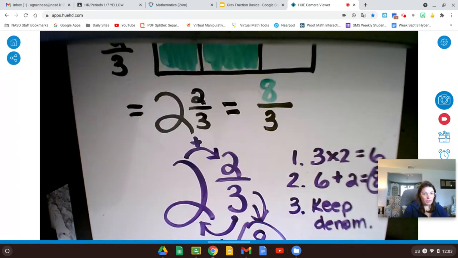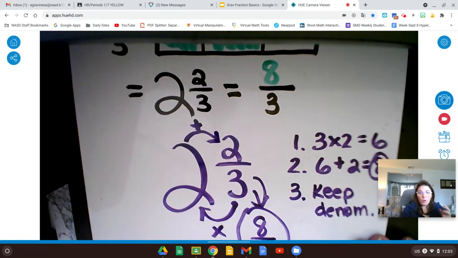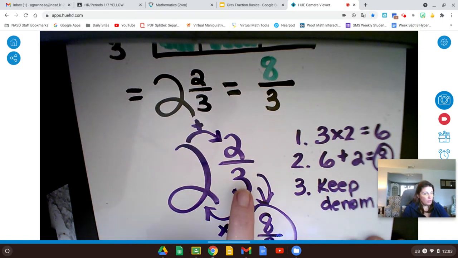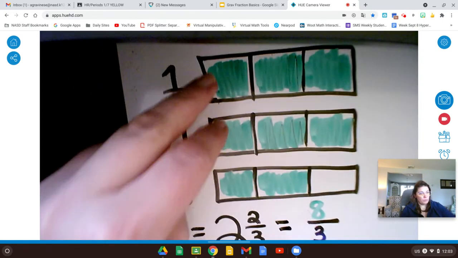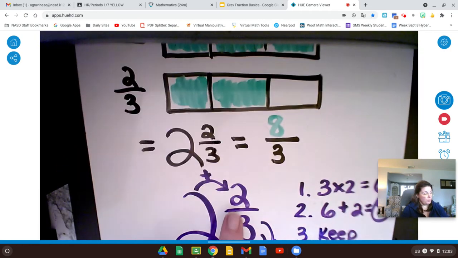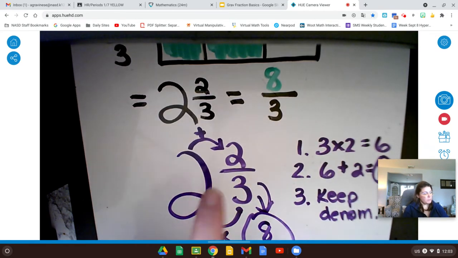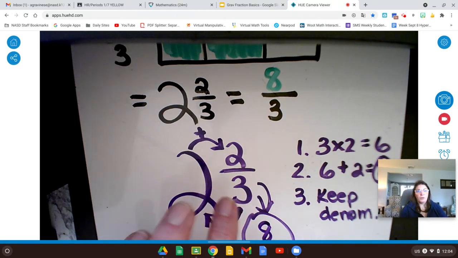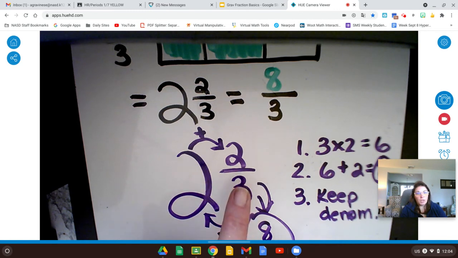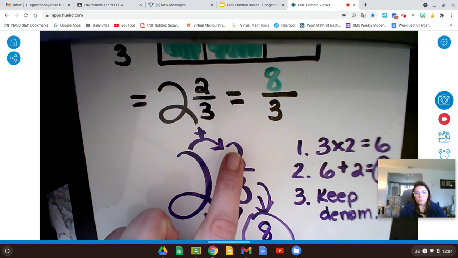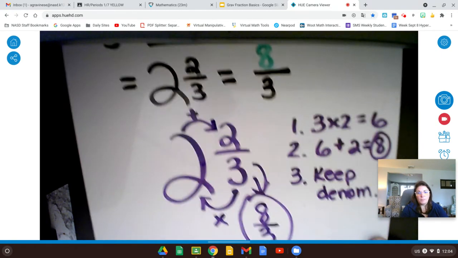So that circle-y thing is just counting up all of your shaded pieces. 3 times 2, 3 times 2, plus another 2, plus another 2. And we keep our denominator. So when you have a mixed number, you of course could always make a model if you're good at that and if you want to. Or you could do the circle-y thing, starting at the denominator, multiply it by the whole number, add in the numerator, keep the denominator.